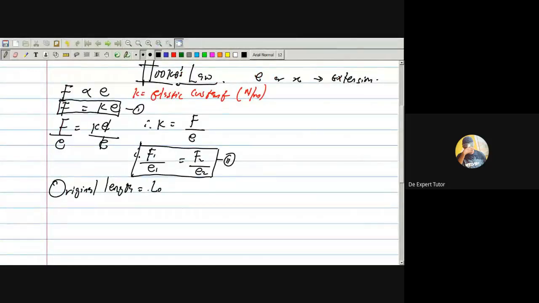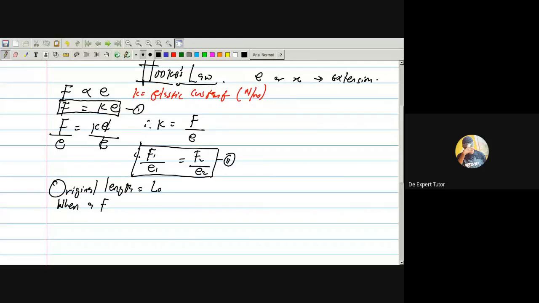And let me now say that I came to extend that object to L1. That is, it was at L naught initially. Then I applied a force on it. Then it changed to L1. Let me put some things in words.